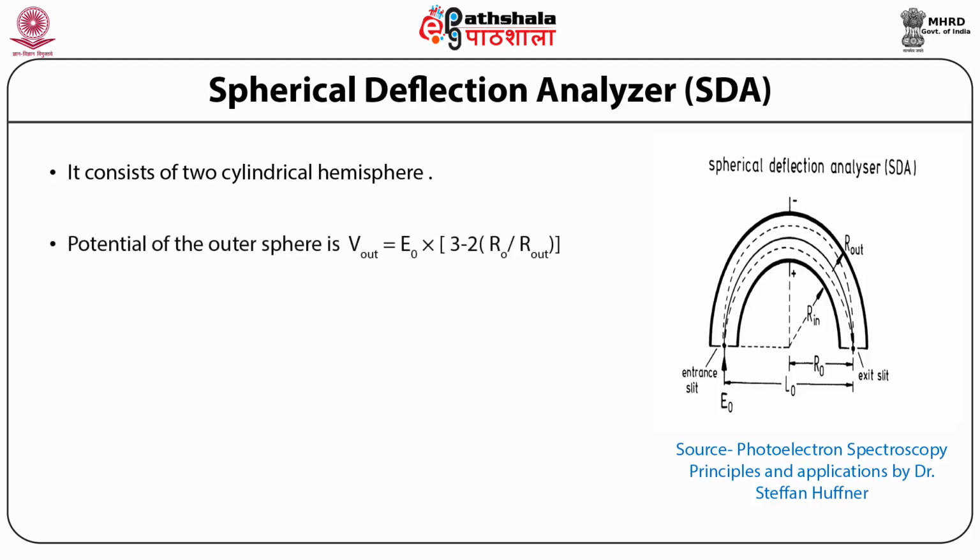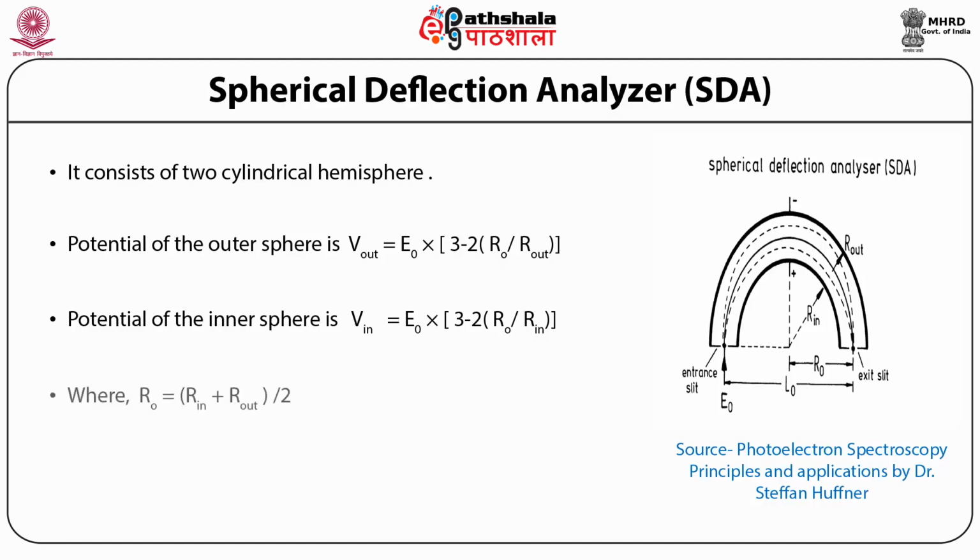Potential of the outer sphere, V out, is equal to E0 × (3 − 2R0 / R out). Potential of the inner sphere, V in, is equal to E0 × (3 − 2R0 / R in), where R0 is (R in + R out) / 2.